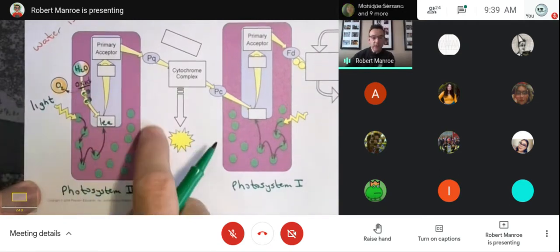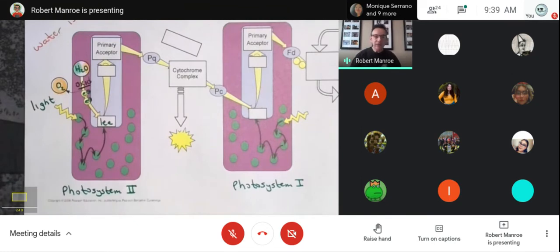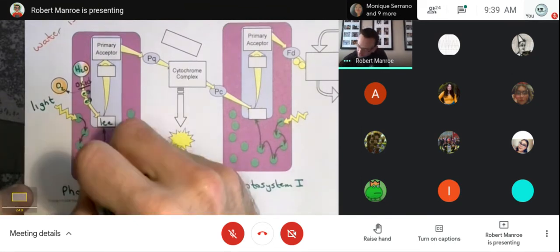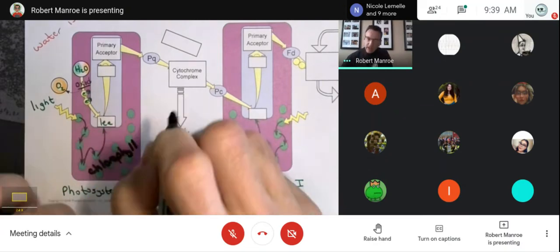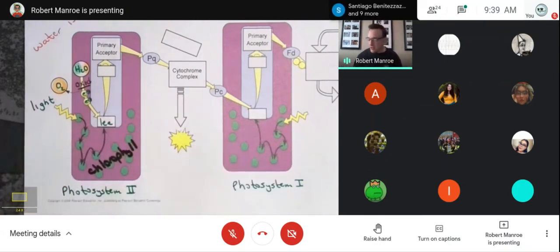Now, these little green discs are actually chlorophyll. There's some really interesting physics here, where the little particles of light called photons hit the chlorophyll and make it ring like a bell.